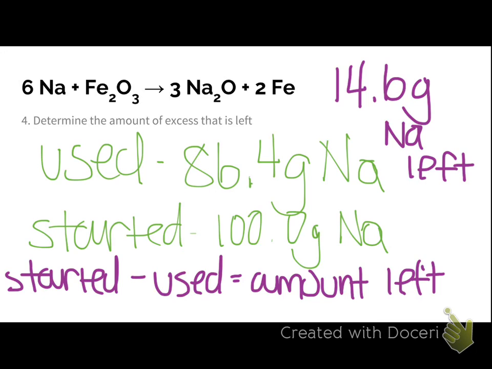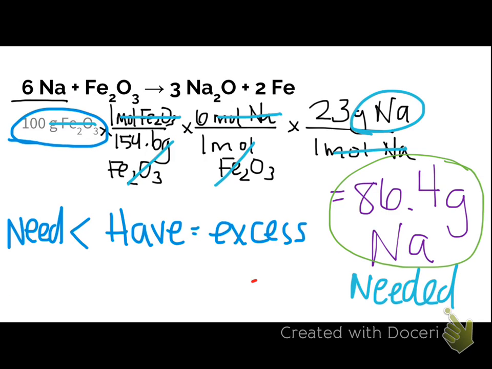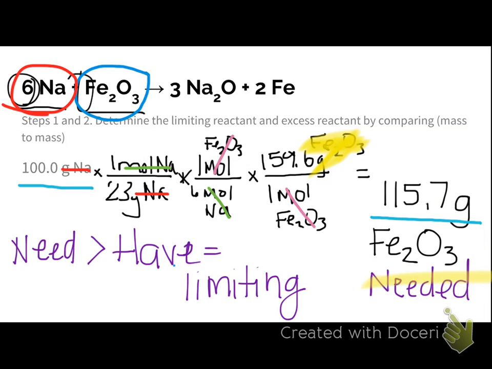Now, as you are doing these problems, step 1 is always to determine what is limiting. What is limiting my problem? What do I have? What do I not have enough of? So it really helps if you write out things like, this is how much I need, this is how much I have.